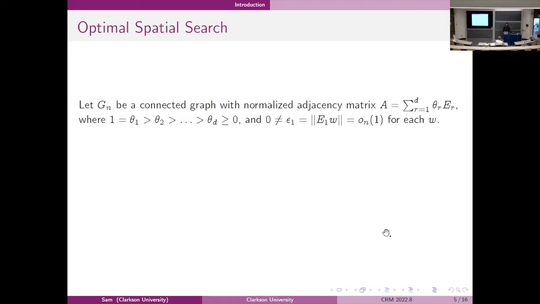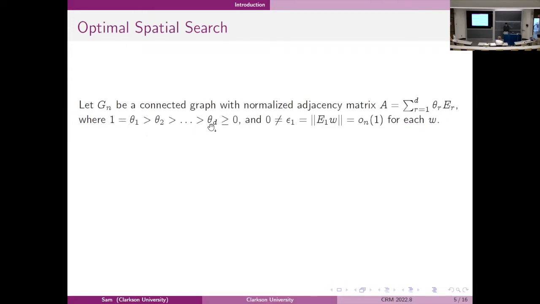Okay, so for the spatial search, now I can formally define it. We let G be a graph with a normalized adjacency matrix. To normalize the adjacency matrix, it's easy, because we can subtract the smallest eigenvalue and then divide by the largest eigenvalue minus the smallest eigenvalue, to make all the eigenvalues lie between 0 and 1.